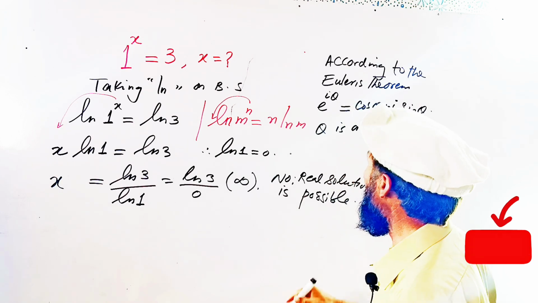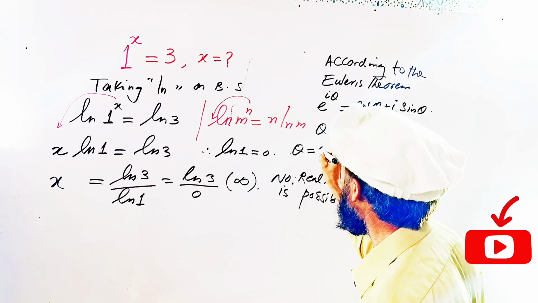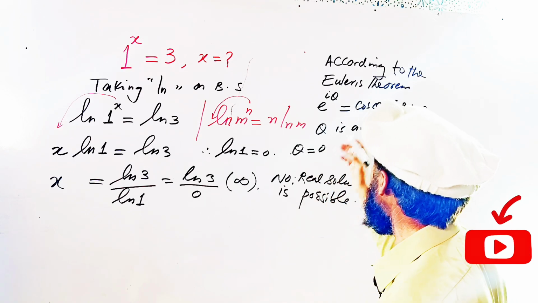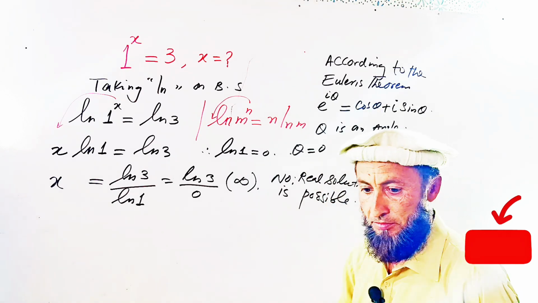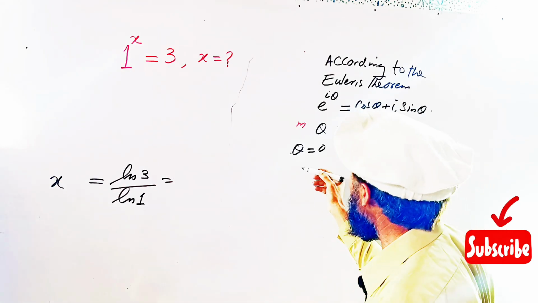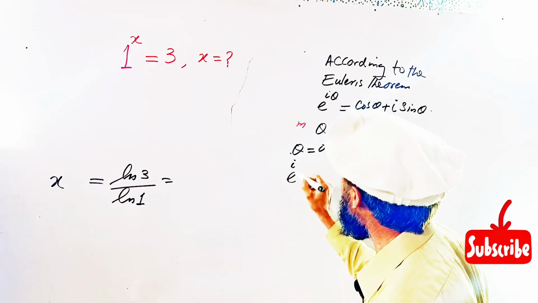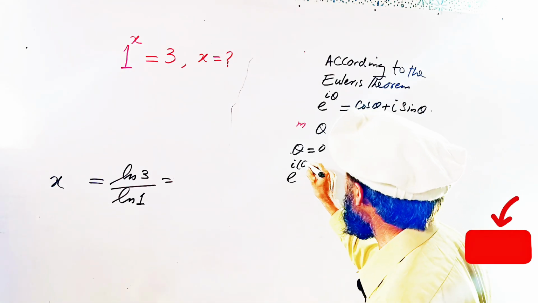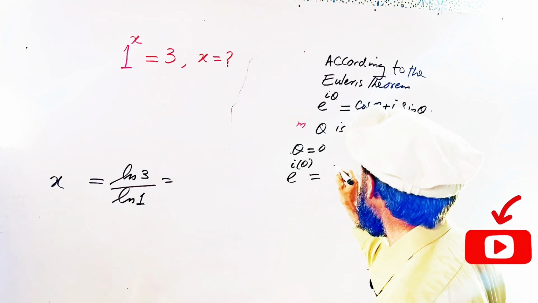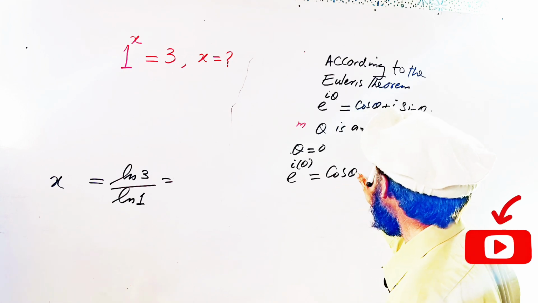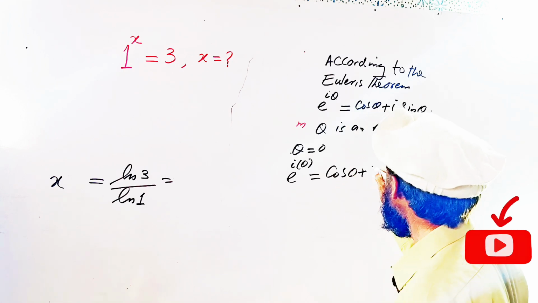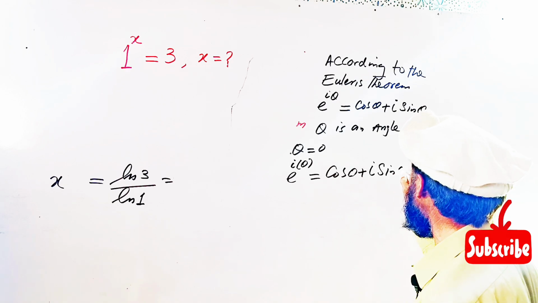If we substitute theta equal to 0, what will be the effect on the question? Putting theta equal to 0, it will be equal to cos 0 plus iota sin 0.